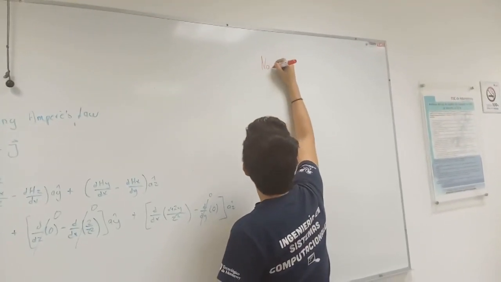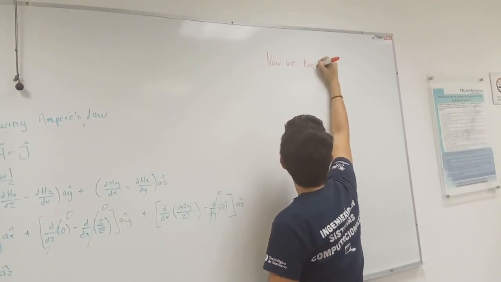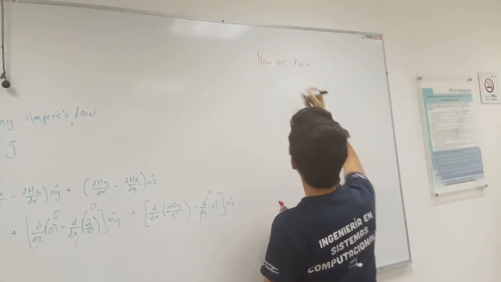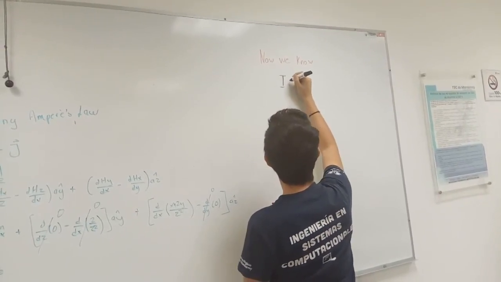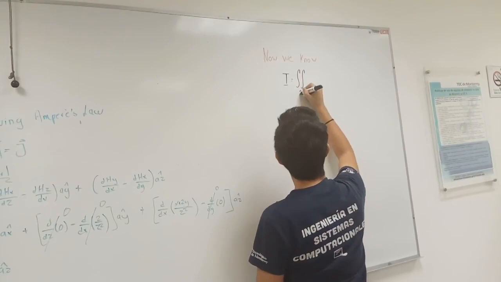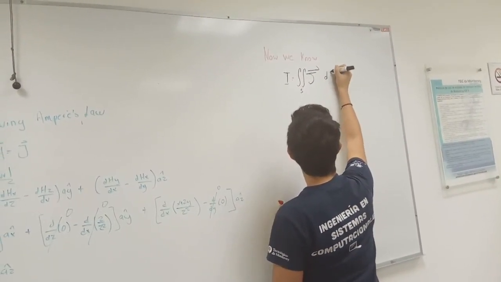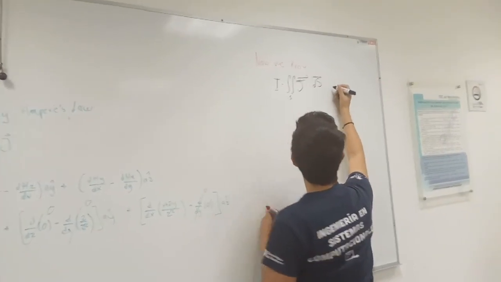Now we are going to explain the next step in this problem, part B. It consists of finding the total current passing through the surface z equal to 4, with x in the range of 1 to 2, and y in the range of 3 to 5.